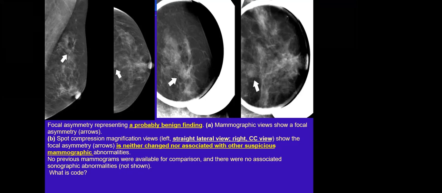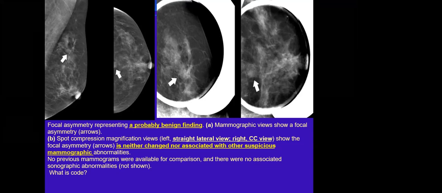What is BI-RADS? Two? Why two? One, I mean one. Why one? One, if it spreads away, if you have just a summation artifact. But still you have a focal asymmetry, and ultrasound doesn't show abnormality.